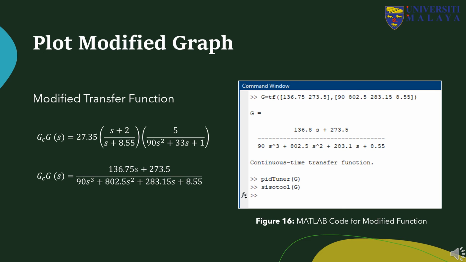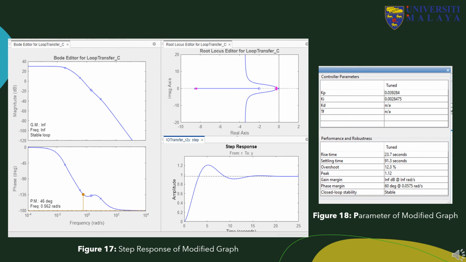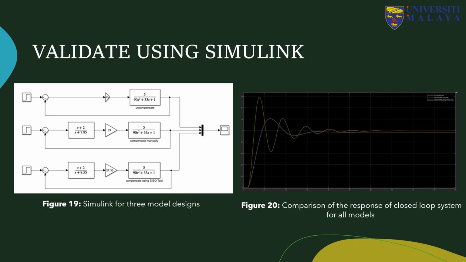After that, write the modified transfer function in the MATLAB command window. The graph response is then generated using PID tuner and the SISO tool. The response for the modified transfer function is shown in figure 17, and the percent overshoot is 12.3%.